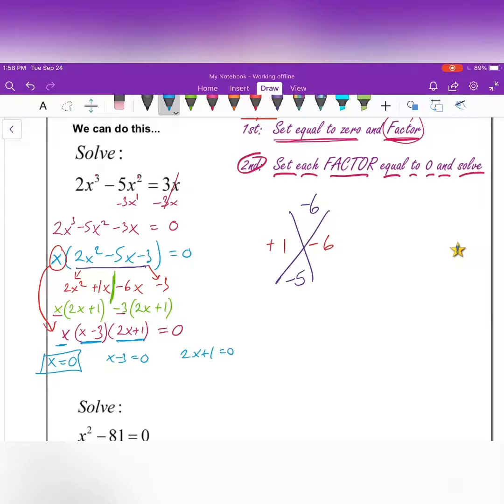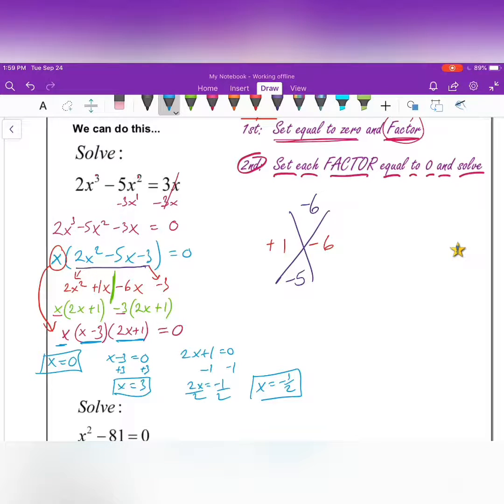Now the interesting thing is that first one's already done. That's one of our answers. The other one, we're going to add 3, and you get x equals 3. And our last one, you're going to subtract 1, so 2x equals negative 1, and divide by 2, so x equals negative a half. And that's solving.